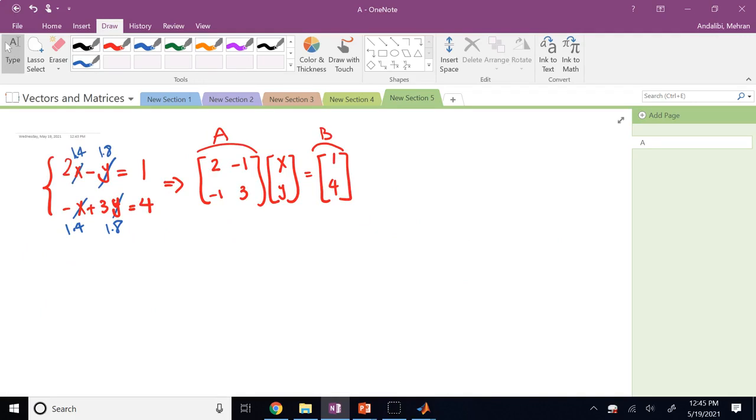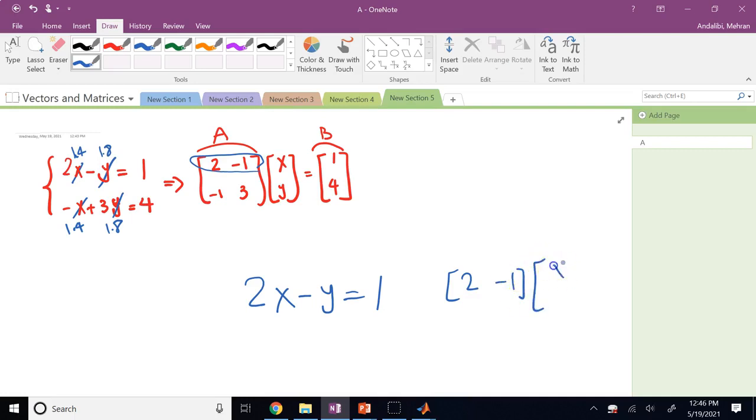For example, if you make your matrix A to be a row matrix, it means you simply have this equation, 2x minus y equals 1. Then you can write it as this. Right? And now this guy here does not have an inverse.